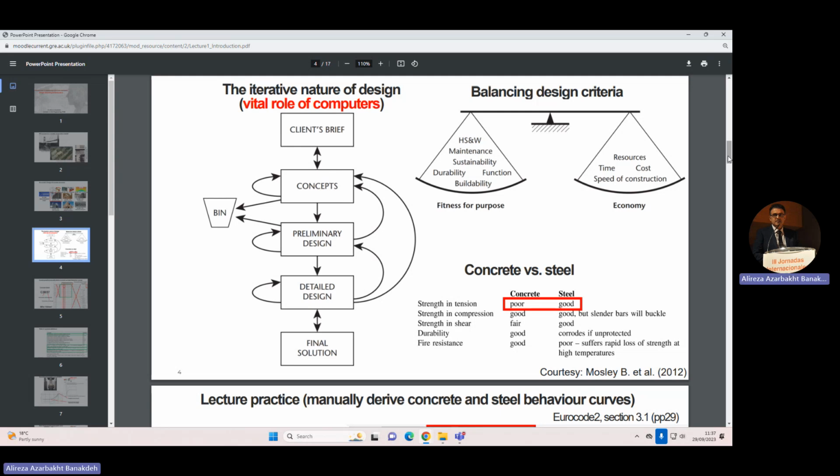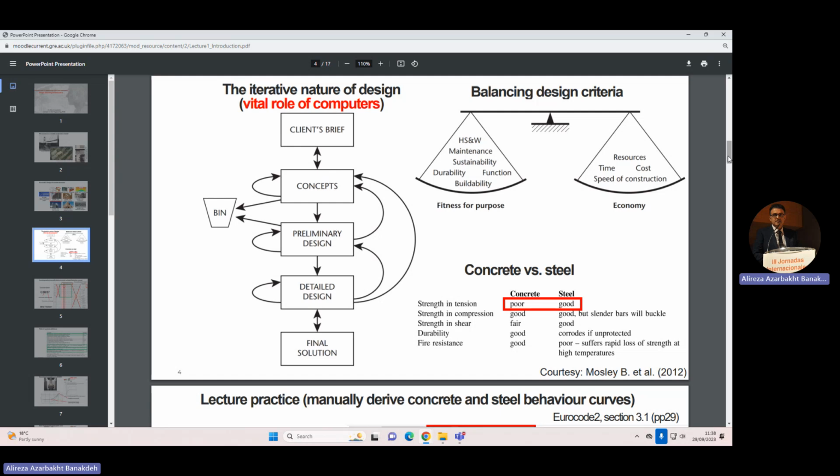Sometimes you have a steel design, but you cover the steel elements with some sort of concrete just to have a protected section for the fire resistance, right? So when we come here, if I had the PowerPoint, this is supposed to come now, but we have everything here together.